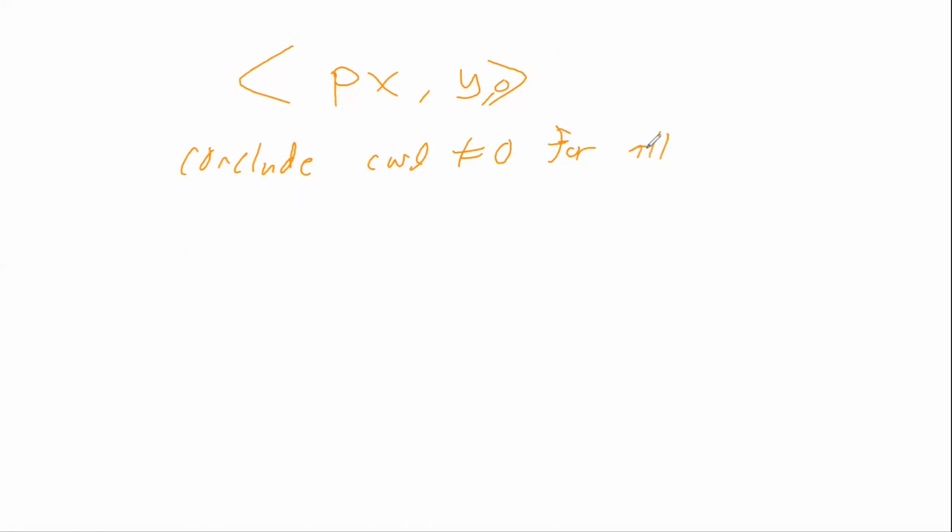And by the way, it's worth noting that if we ended up computing something like this with px and y, I would conclude the curl is non-zero for all p. Well, I would say it's not identically 0. It's non-zero for all p, because if I chose p equals 0, we would get <0, y, 0>, and you can just choose y equals 1 and get a non-zero curl.